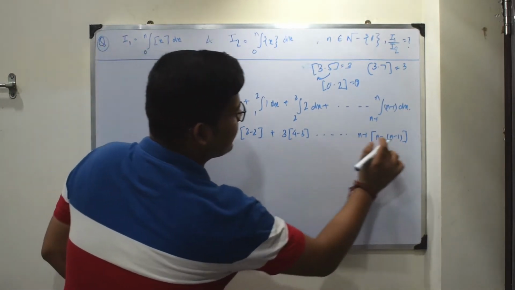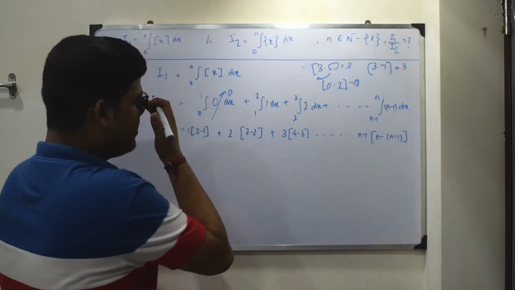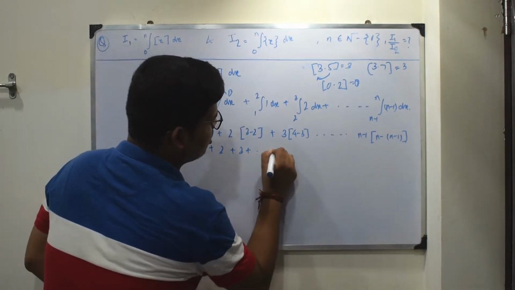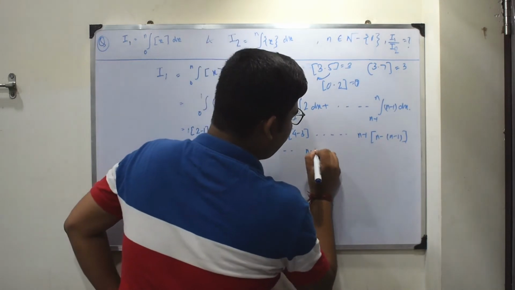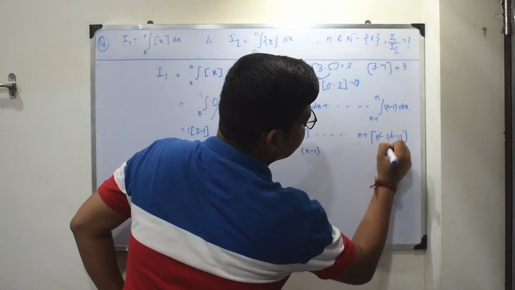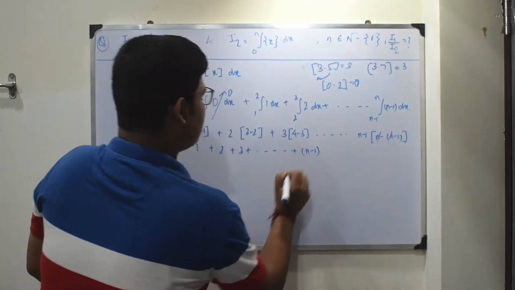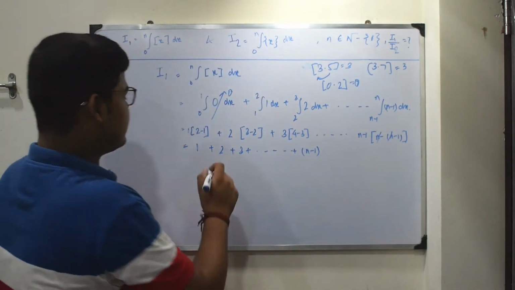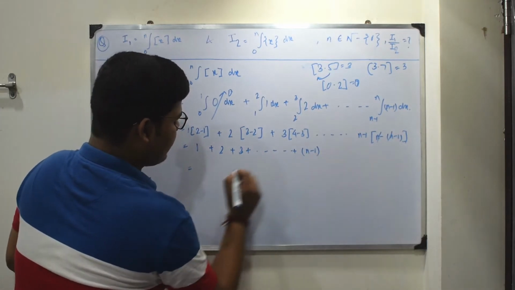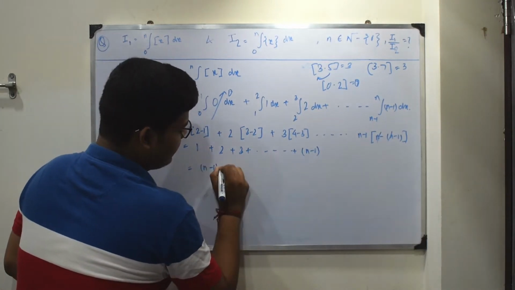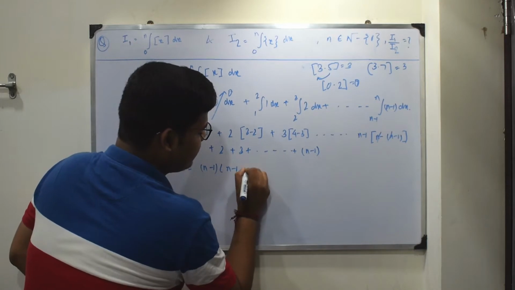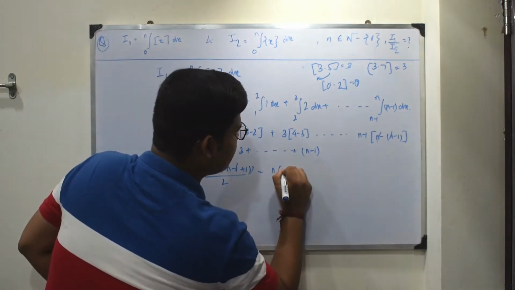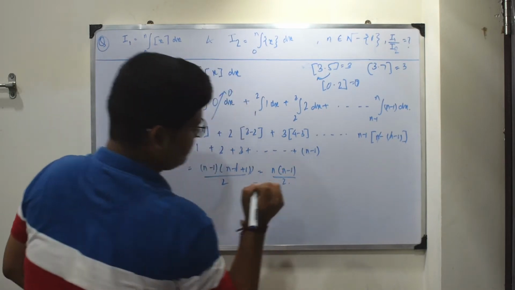Now let's do this bracket. The sum of all these brackets is always 1. So 1 plus 2 plus 3 plus and so on until n minus 1. This is the summation of the first n minus 1 natural numbers, which will give us, in place of n we write n minus 1, and in place of n plus 1 we write n minus 1 plus 1 upon 2, which is n into n minus 1 upon 2.